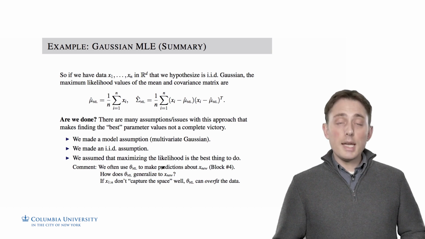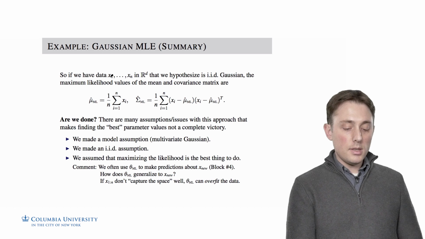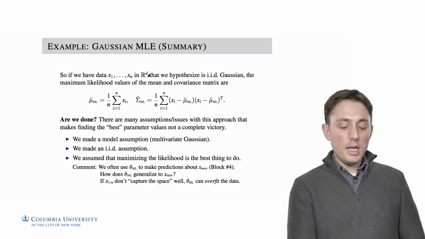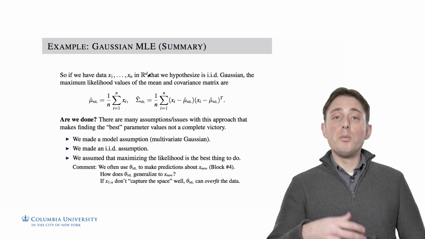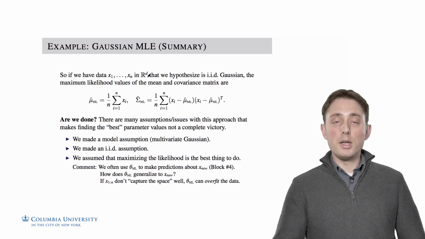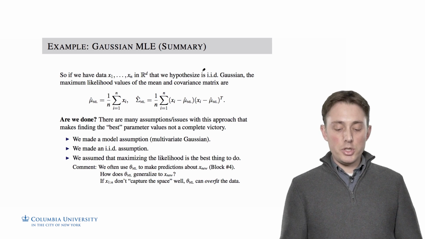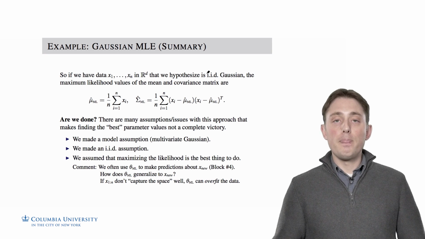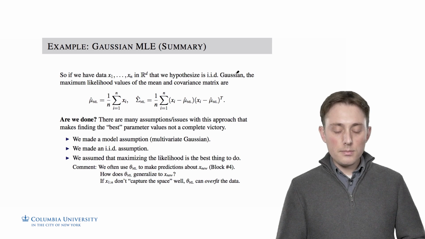So to again summarize, if we have n observations, so this is the data, block 1, each of those is in R^D, and we then want to transition to block 2. We want to define a model for it, so we hypothesize that the data was generated IID from a multivariate Gaussian, so we've defined the model.